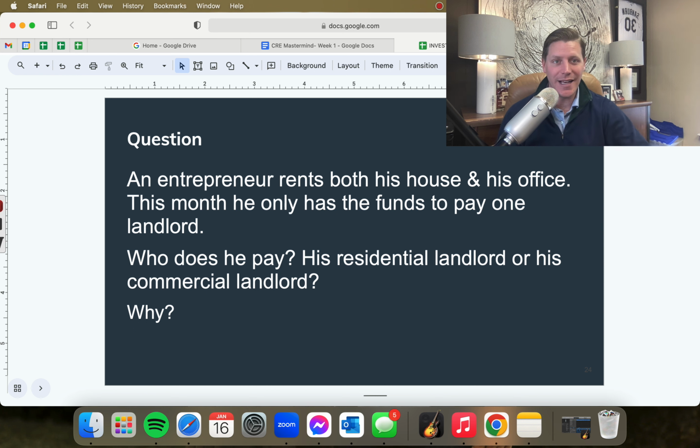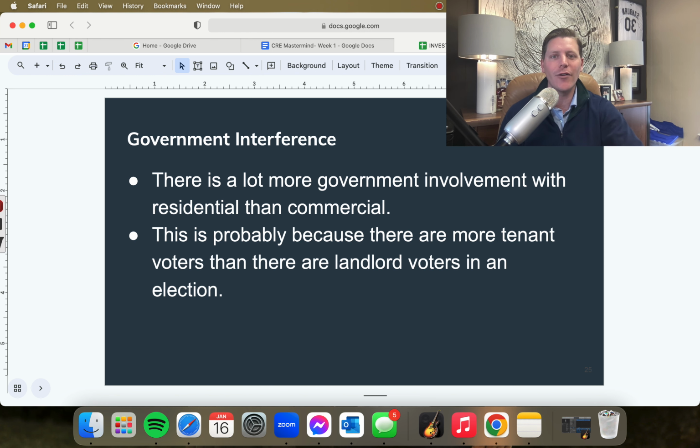Well, I would say, now I could be wrong here, but put yourself in this guy's shoes for a second. If you had a business where you put food on the table at your job, at your building, and you, for whatever reason, couldn't make rent, I would rather pay my building's rent than my own residential rent, because I know that there's a lot more government interference and involvement in residential than commercial.